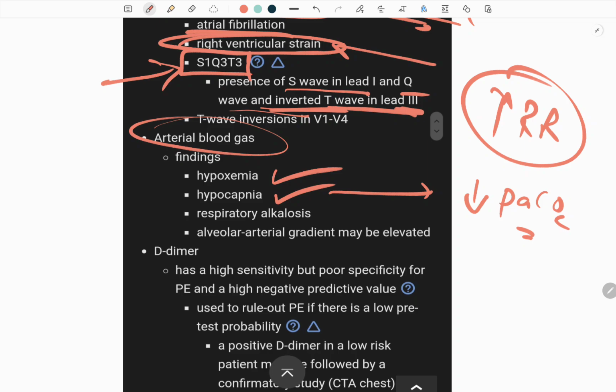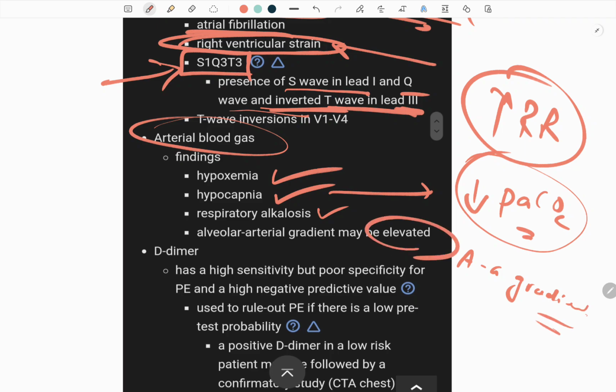And because there is low carbon dioxide in the blood, or hypocapnia, it results in respiratory alkalosis. The alveolar-arterial gradient, what we call the AA gradient, may be elevated.